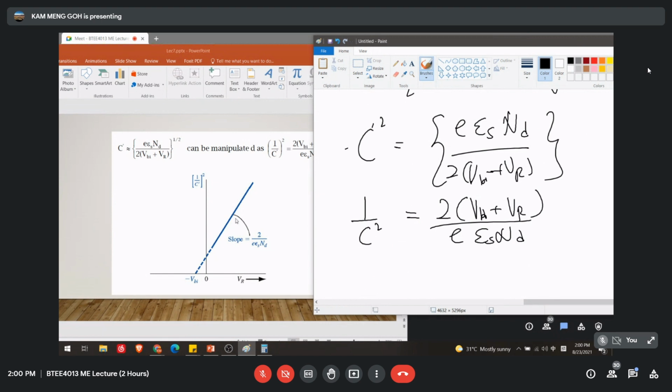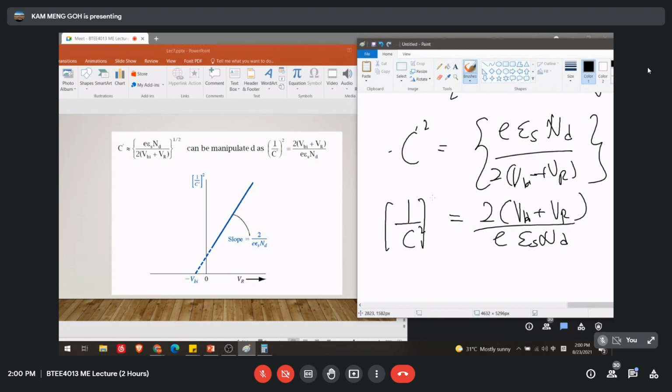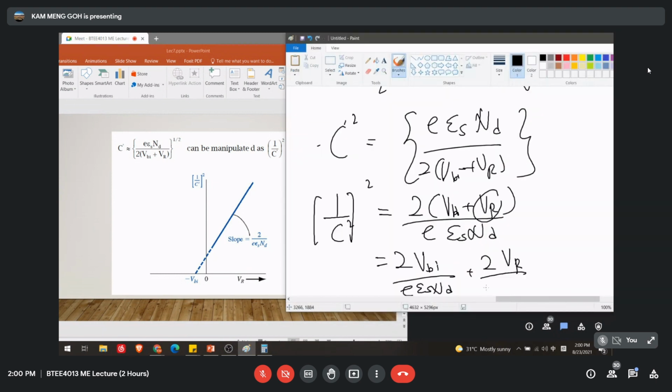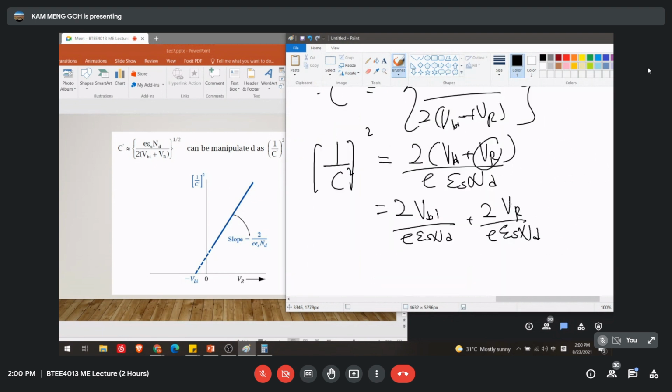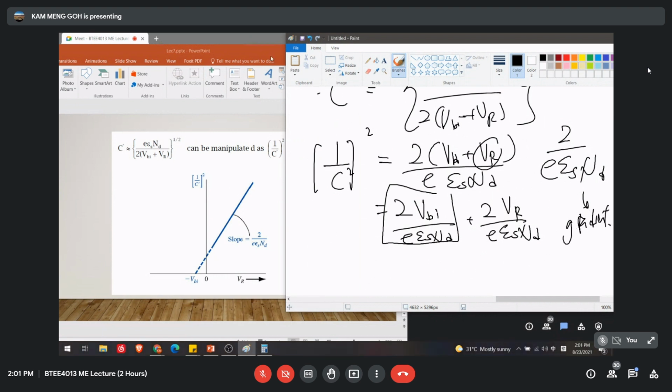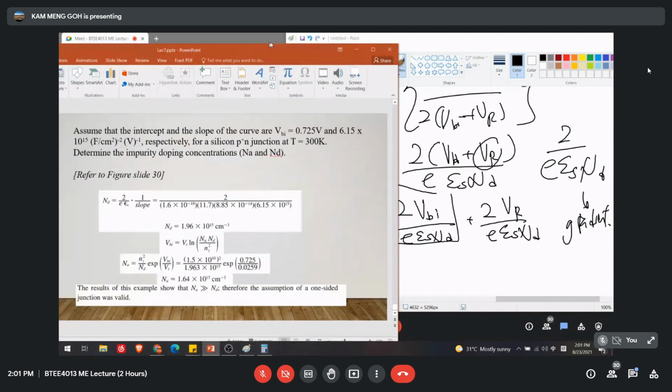So when you're plotting the graph, you can plot 1 over C squared corresponding to VR. This you can further split into 2 VBI over q epsilon_s Nd plus 2 VR over q epsilon_s Nd. It looks like right now it becomes a linear equation, and this one will be somewhere around here, and this one is the gradient. 2 over q epsilon_s Nd will be the gradient.